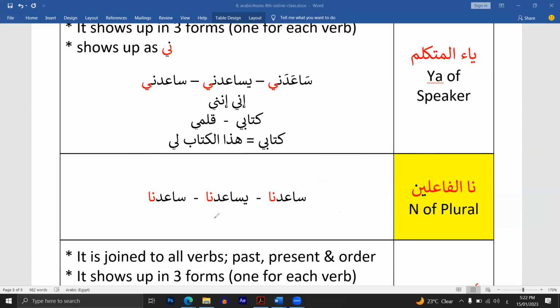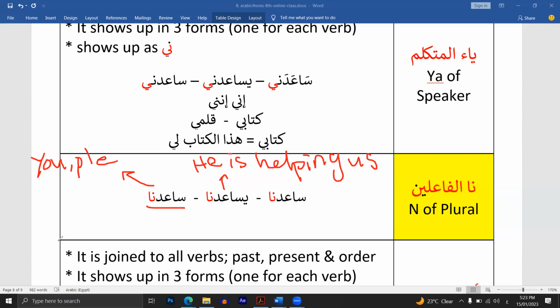And it will also show up in present. يساعدنا. He is helping us. And lastly, ساعدنا. We are asking someone to help us. ساعدنا. You, please help us. Okay. This is the first case.